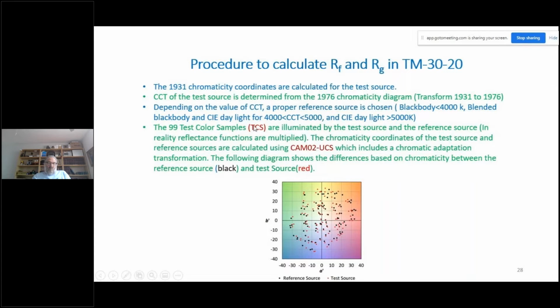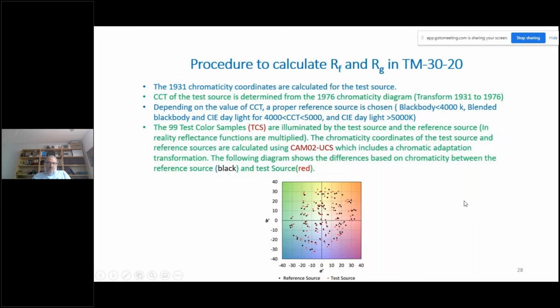Then, depending on the value of CCT that you get, you decide what reference source you need to choose. Below 4,000 is a black body. Between 4,000 to 5,000 is a blend of black body and CIE daylight, and above 5,000 is CIE daylight.